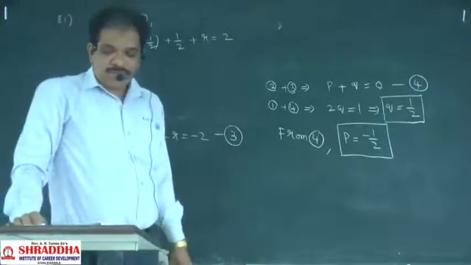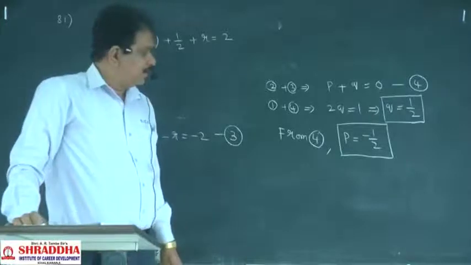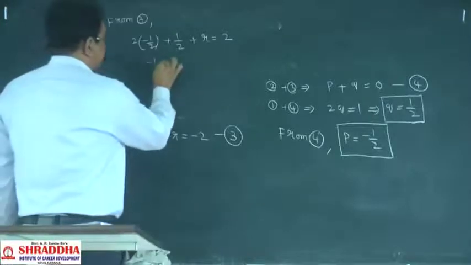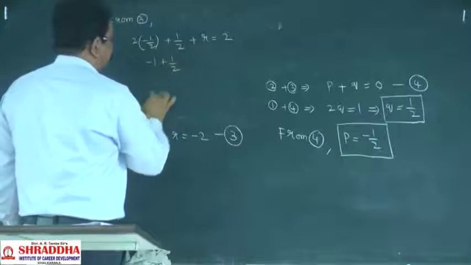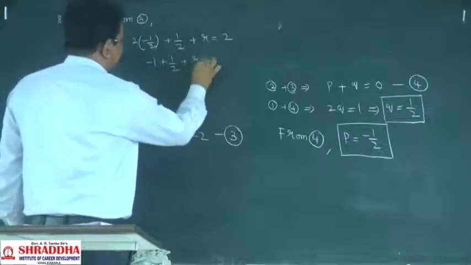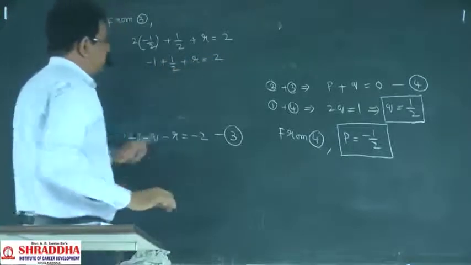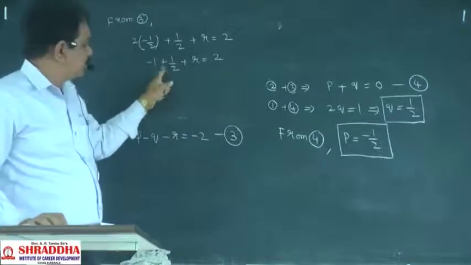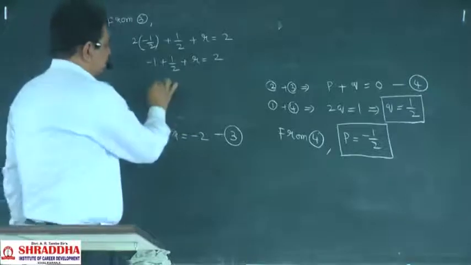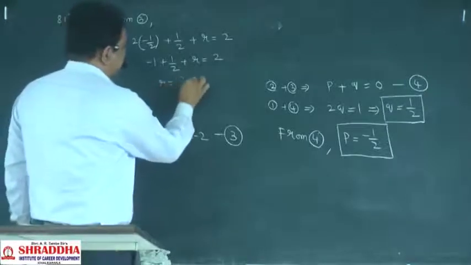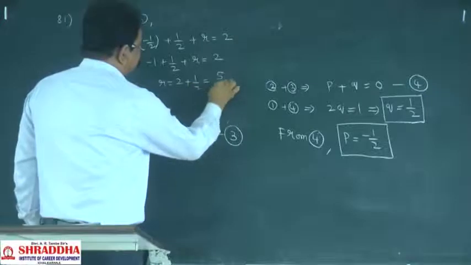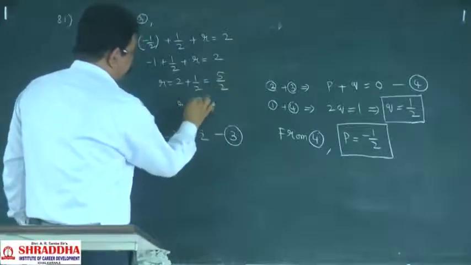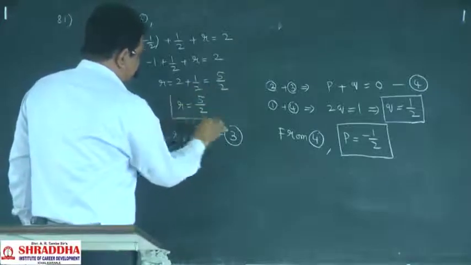Okay. So then what we will get? This is minus 1 plus 1 by 2 plus r is equal to 2. This will be minus 1 by 2. Minus 1 plus 1 by 2. If you bring that one, r is equal to 2 plus 1 by 2. This is 5 by 2. R is equal to 5 by 2.